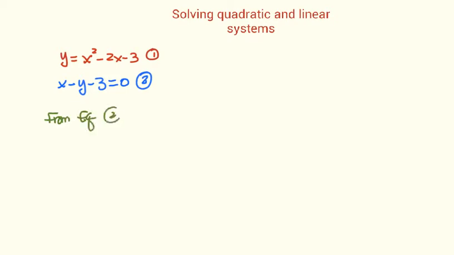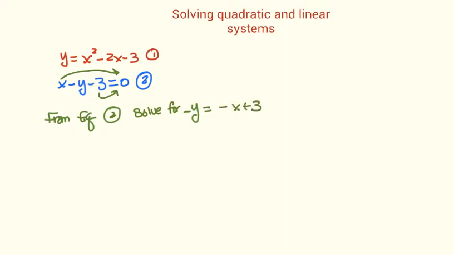From equation 2, what we're going to do is solve for y. If this was already in the form of y equals mx plus b, it would already be done because it's already solved. So what we do here is we move the x to that side and the minus 3 to that side. When I move the x over here and the minus 3 over there, I will get minus y is equal to minus x plus 3.